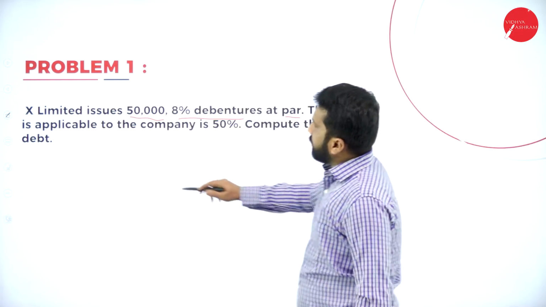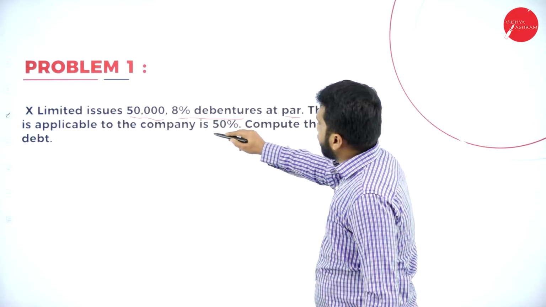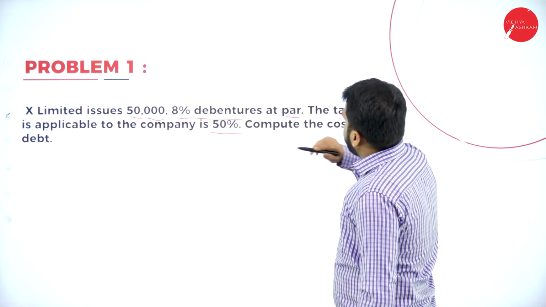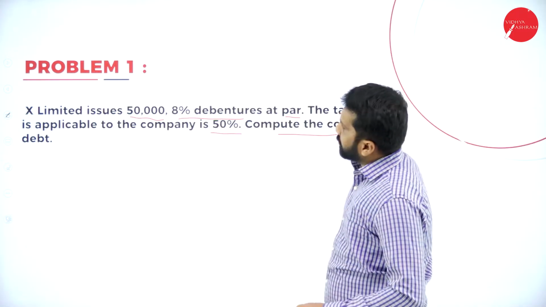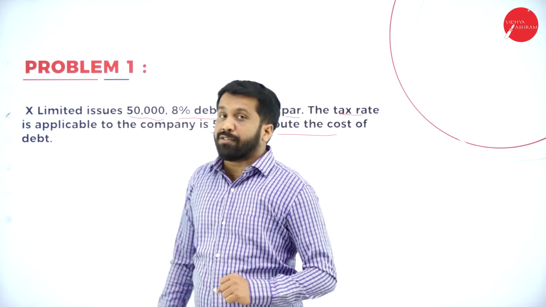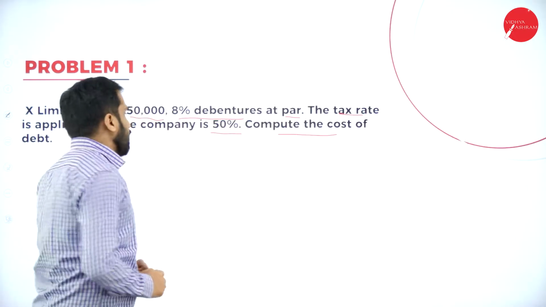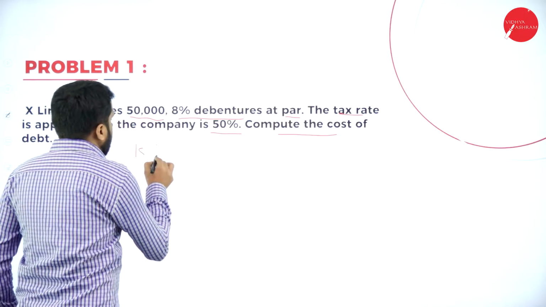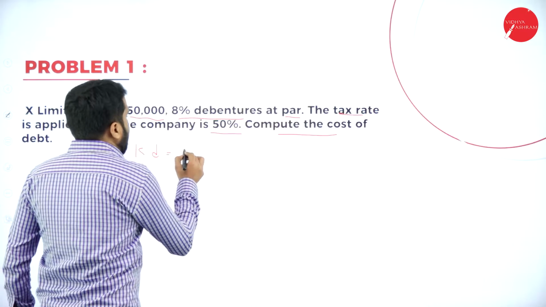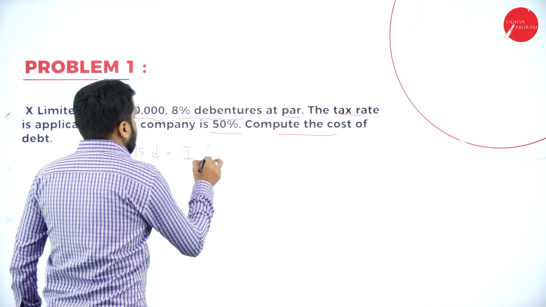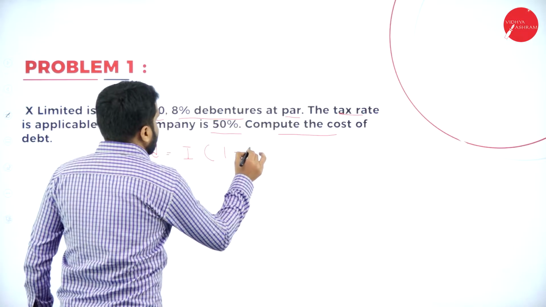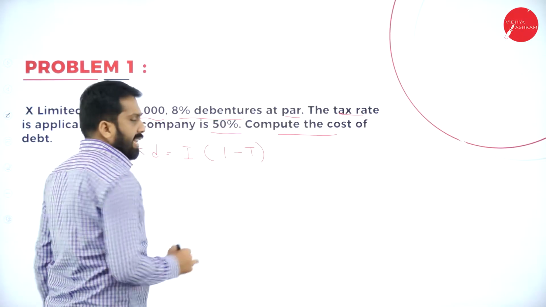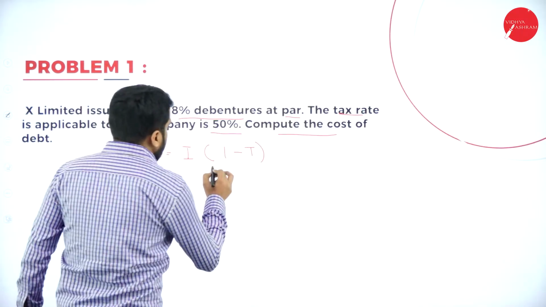The tax rate applicable to the company is 50%. Compute the cost of debenture. What is the formula of cost of debenture? Remember, Kd is equal to I in the bracket 1 minus T. You can use capital letters also, no issue.